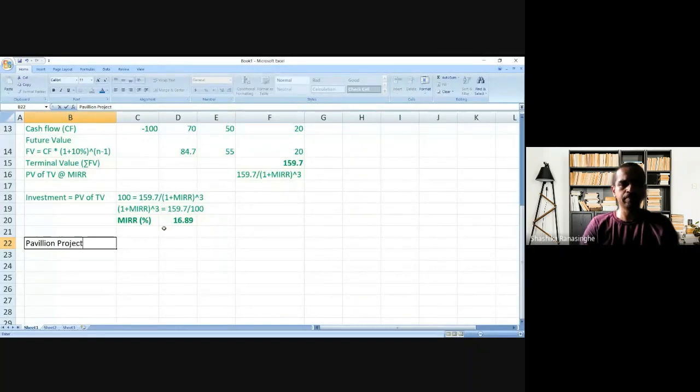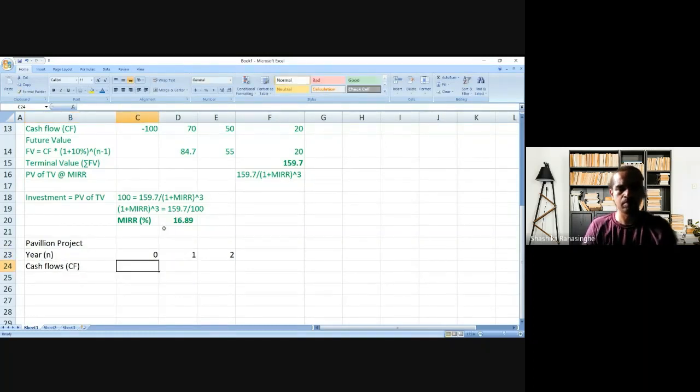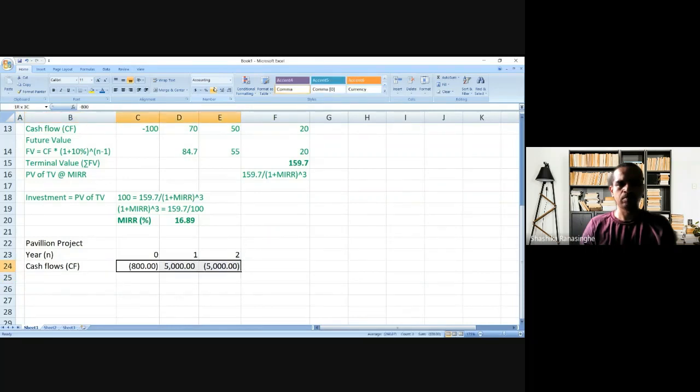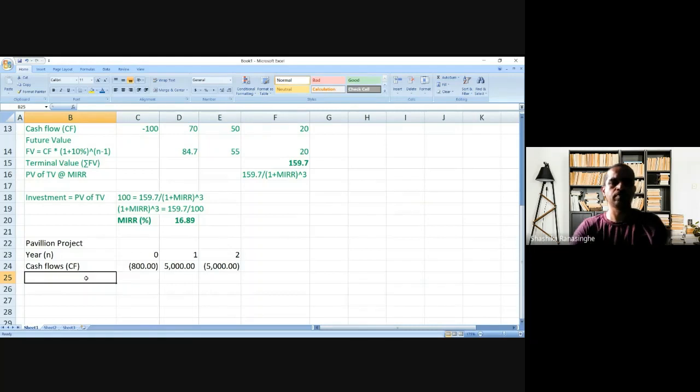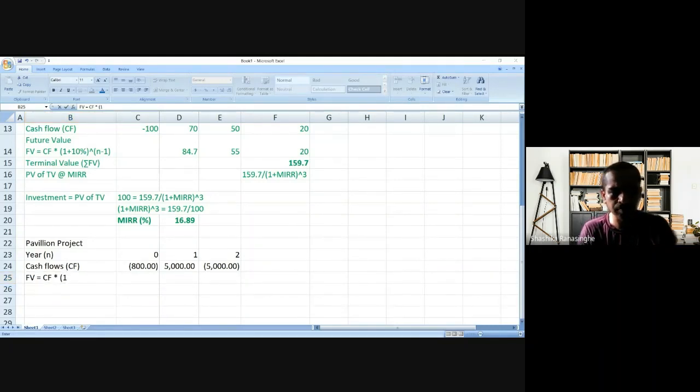So I'll use the same name. Cash flows are initially 500, 800, 500, 5,000 and minus 5,000. Discount rate is 10%.